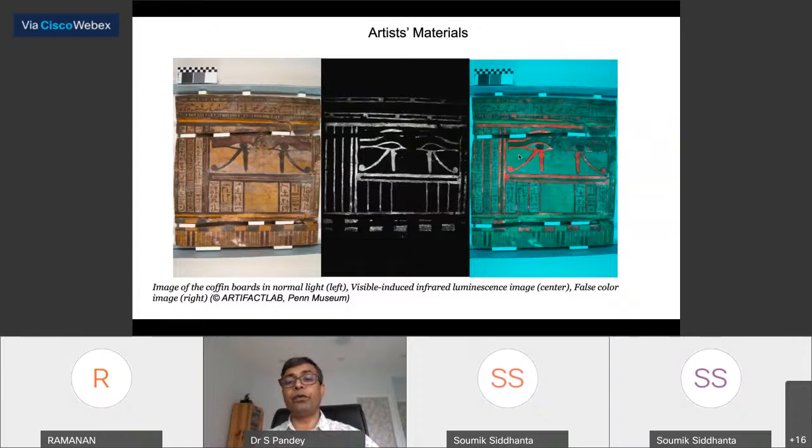Now, if you convert into false color, all the red areas are where blue was used originally. So this is how one can study artist material. This is one instance where you innovate a scientific technique and it will find uses in art and cultural heritage.